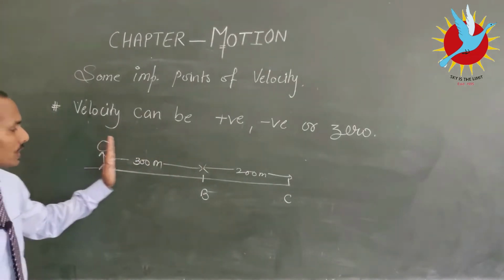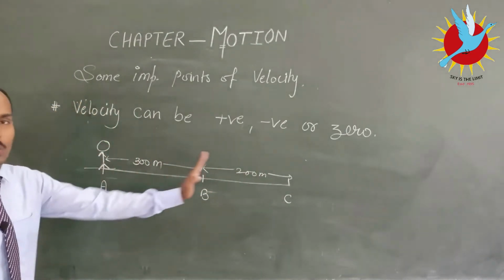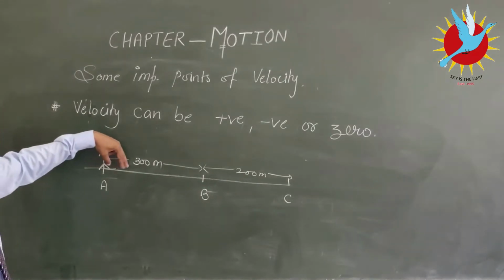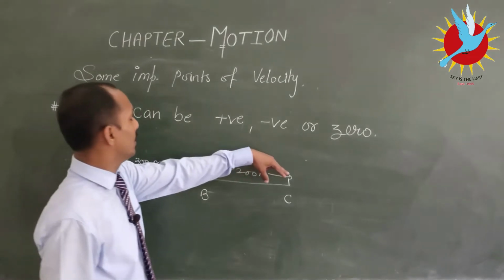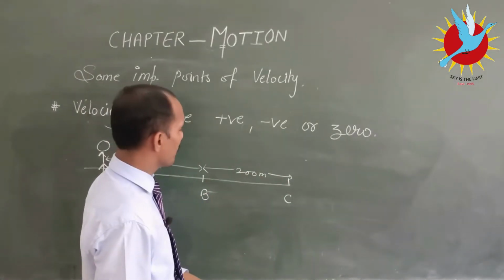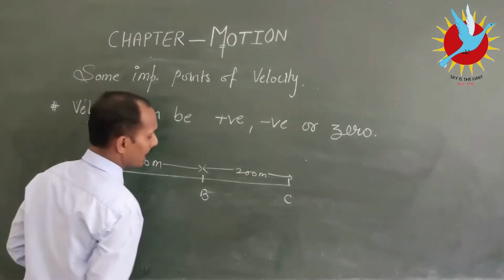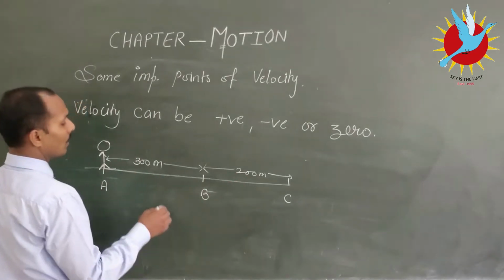The motion is along a straight line. There is a straight road, and the person covers 300 meters from A to B, then B to C, 200 meters.